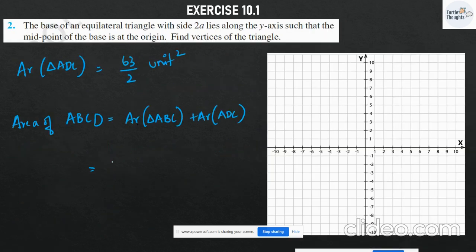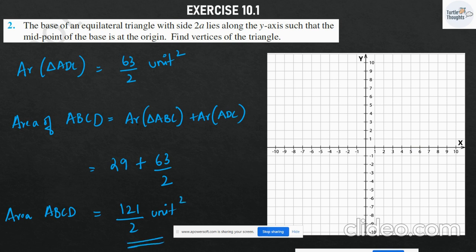It is 29 square units, plus here it is 63 divided by 2 square units. So if we solve this, you will be getting the area of quadrilateral ABCD equal to 121 divided by 2 unit square. This is going to be your final answer. Is that clear?